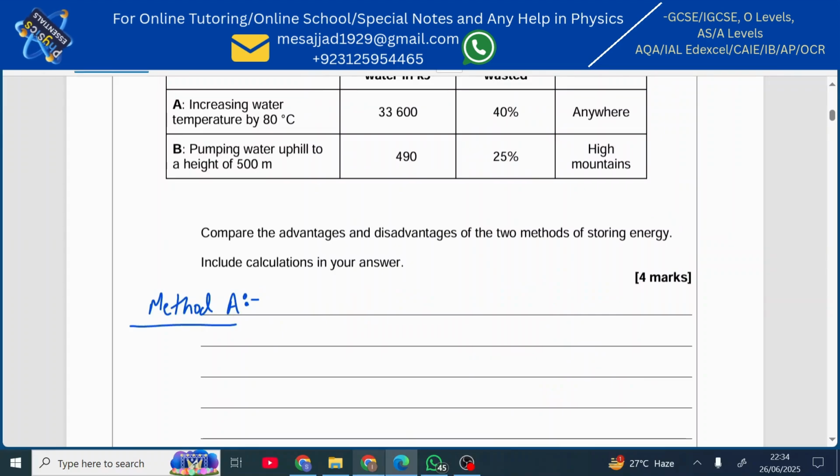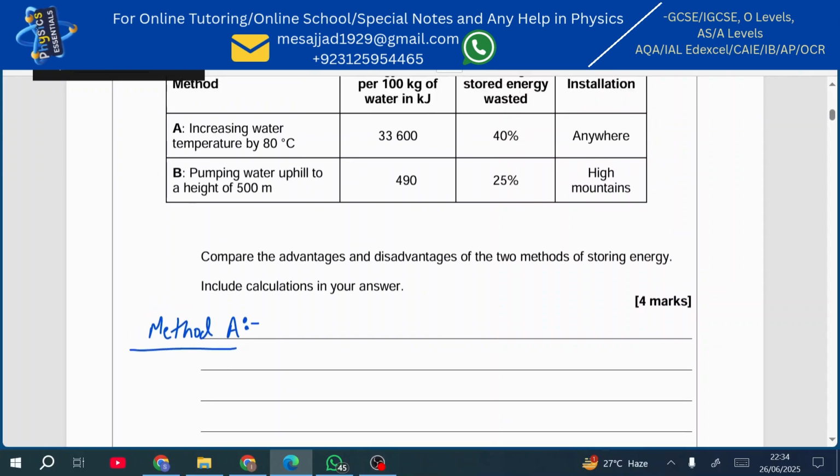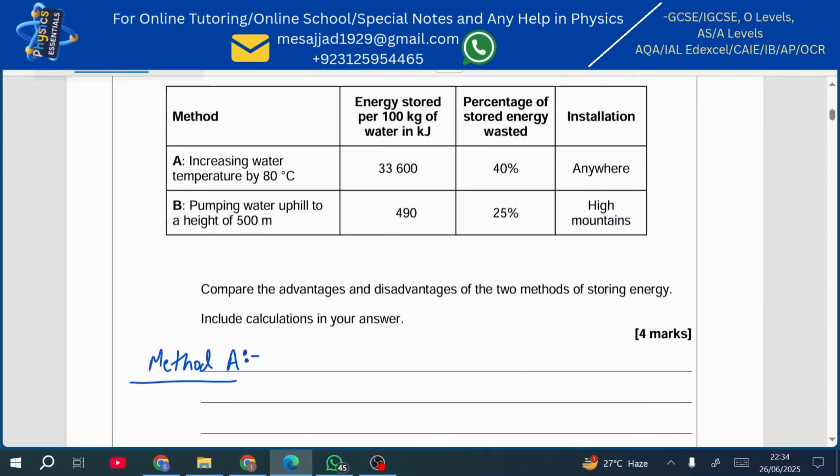So again in method A, we are going to do some calculations for the wasted energy and the stored energy per 100 kg of water. You can see in method A that the water has been heated up to 80 degrees centigrade, and the total energy is 33,600. This is the lost percentage.